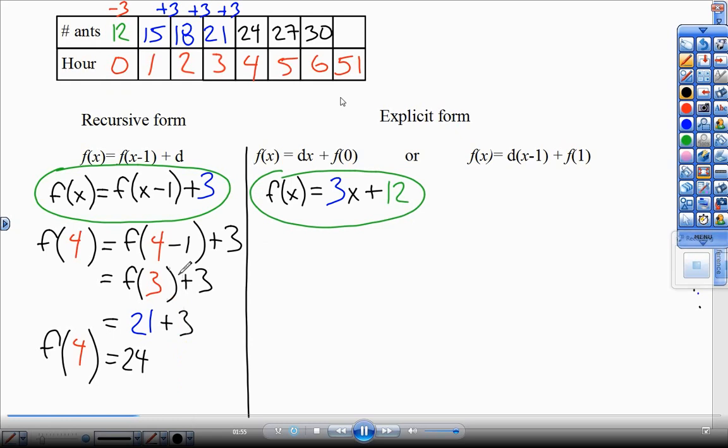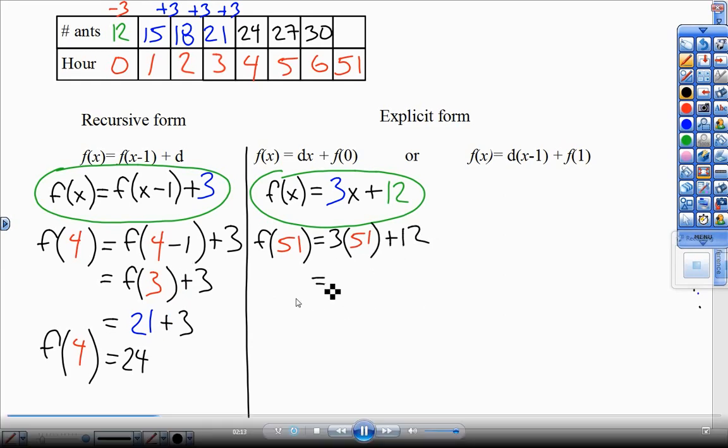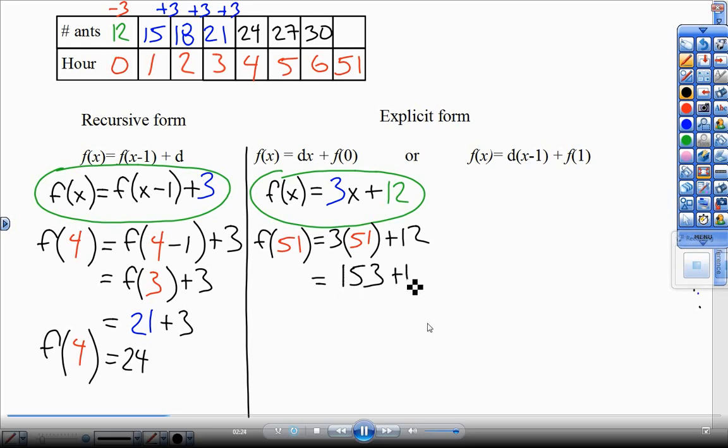To find the 51st term, I'm going to plug in 51 right here. Equals 3 times 51 plus that 12. Of course, multiply before you add, so 3 times 51 gives me 153 plus 12.